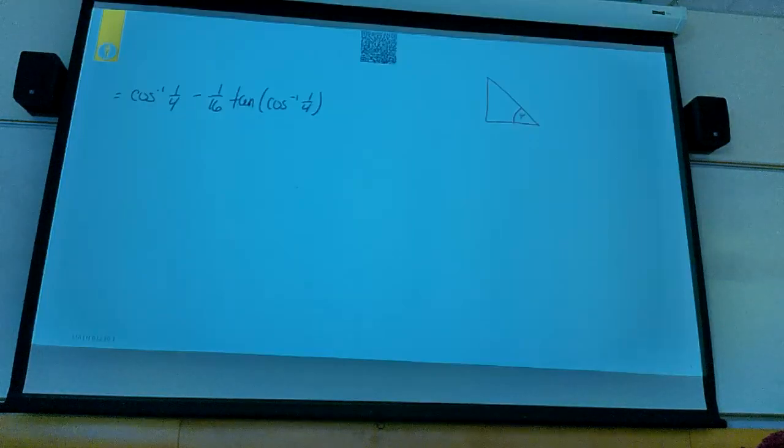Let's call that angle there our psi, the inverse cosine of a quarter. Remember, if psi is inverse cosine of a quarter, what does that mean cosine of psi equals?